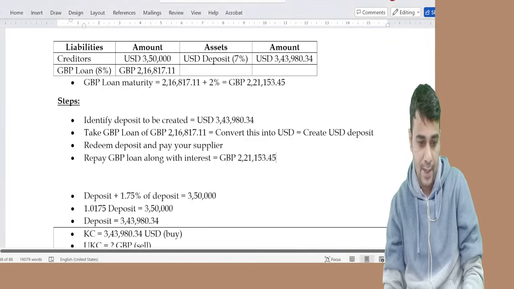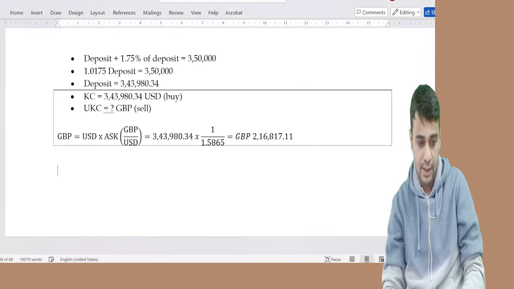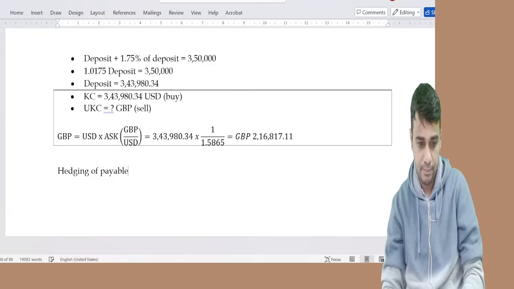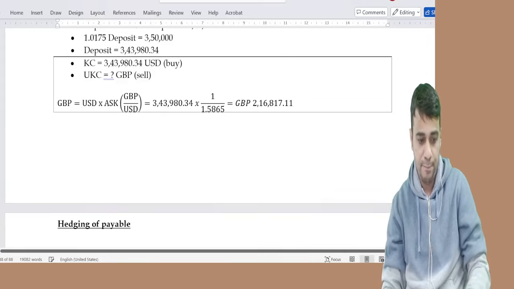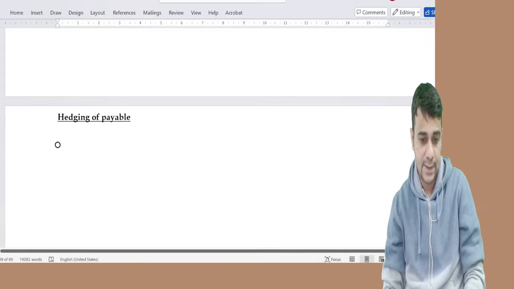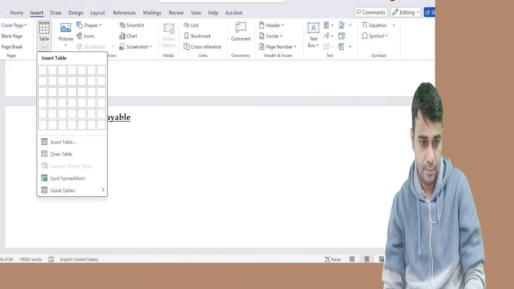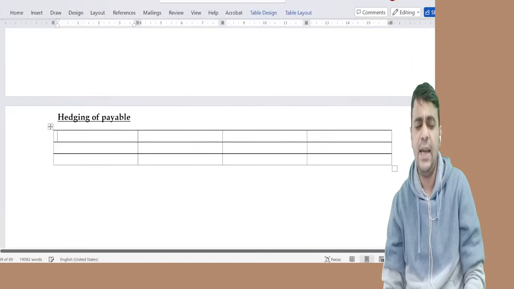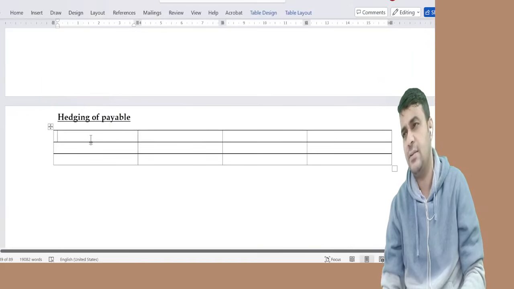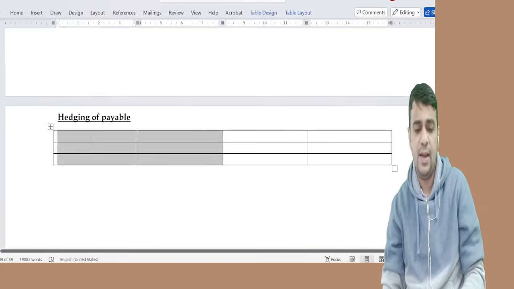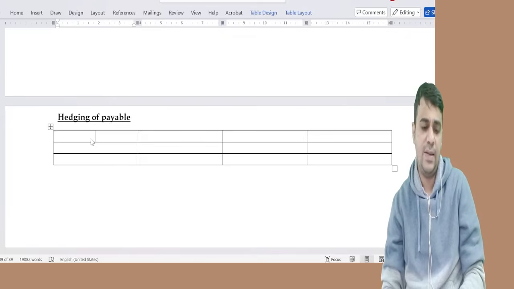Hedging of payable balance sheet. Liabilities amount, assets amount. Again a tricky question because INR is not there. Whenever INR is not there, it becomes extremely challenging for us.